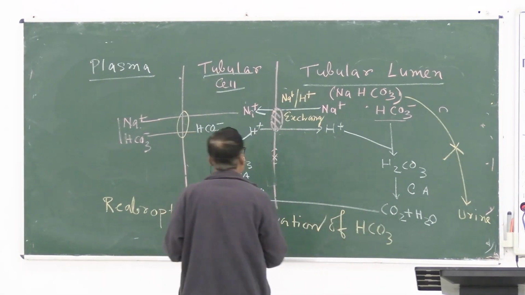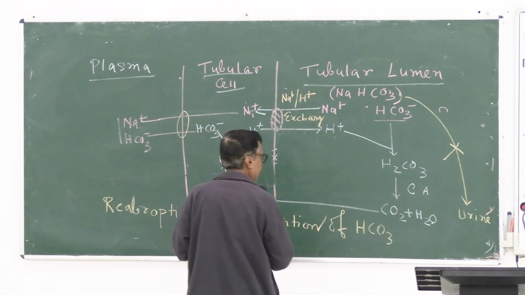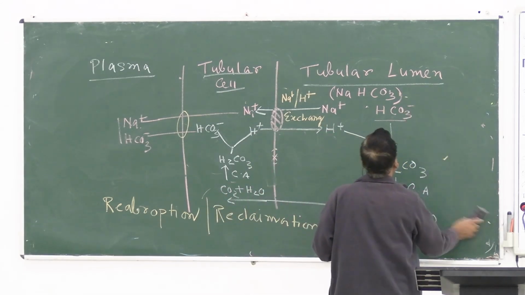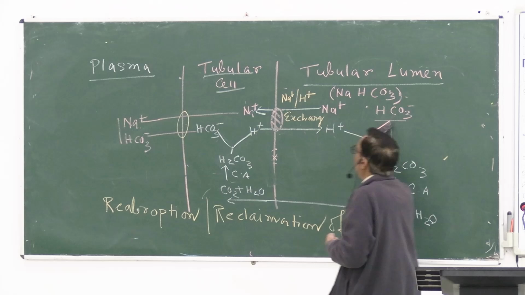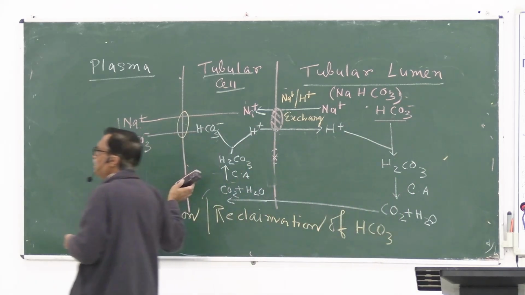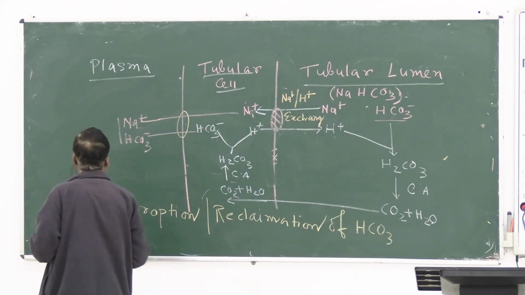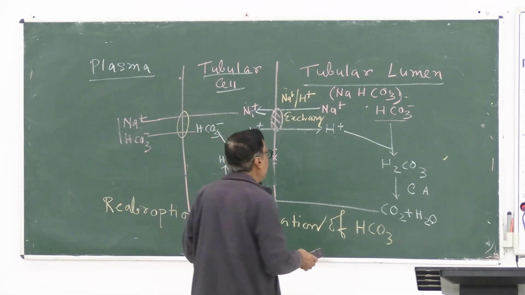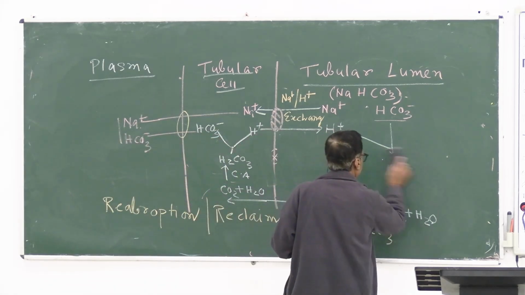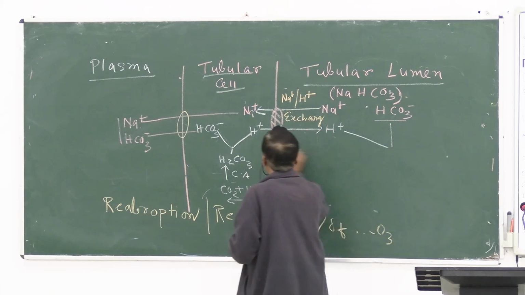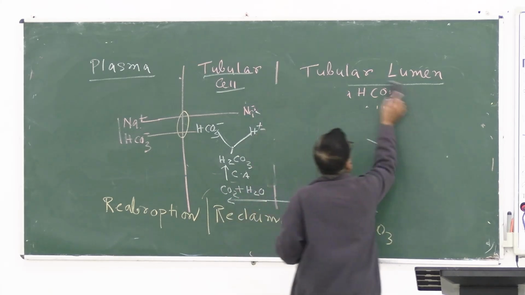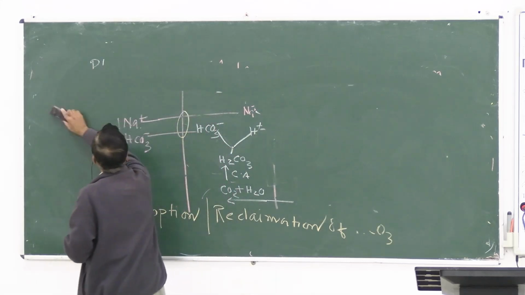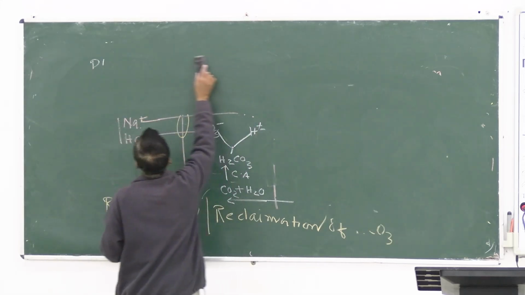So it will not go through the urine, it will come to the blood by this mechanism known as reabsorption or reclamation of the bicarbonate ion. But then, will bicarbonate not appear in the urine?